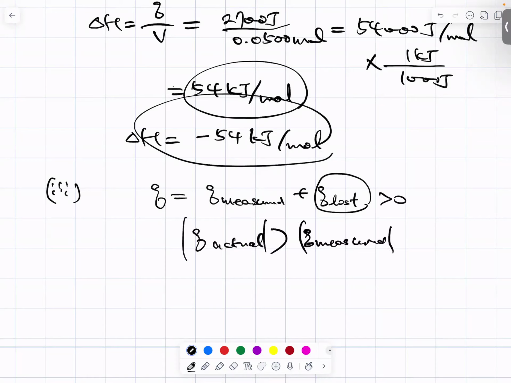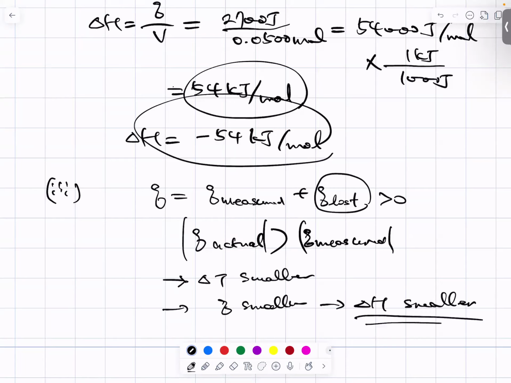So then delta T will be smaller, and Q smaller as a result, delta H will be smaller. So agree. It will not make a very large difference, but many times significantly enough. Or we need to use a tightly sealed coffee cup calorimeter to minimize this loss of heat. Anyway, so Q will be a little bit decreasing.